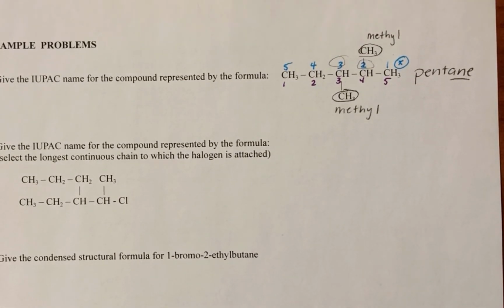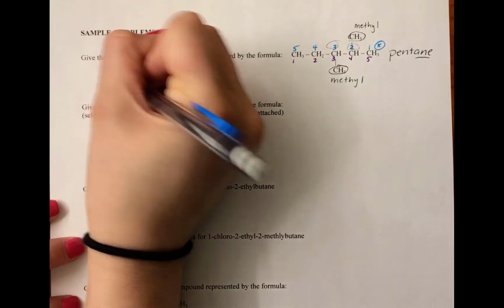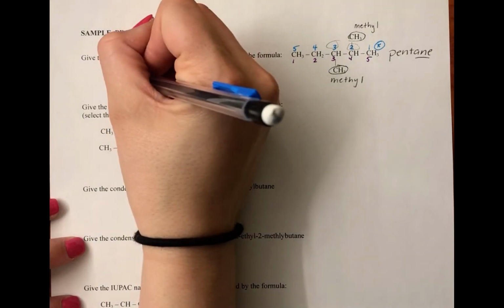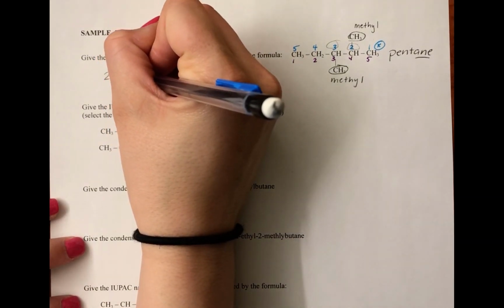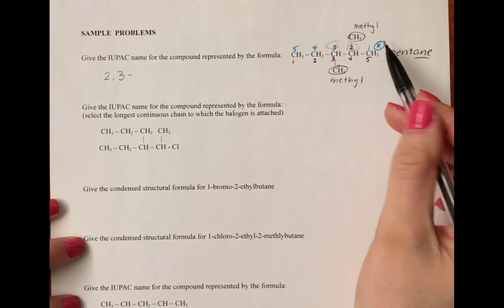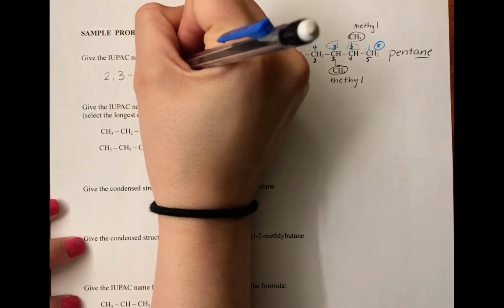If it's attached to the second and third carbons, those are the lowest numbers possible. So we start the name with 2,3. We're listing the numbers where the groups are, and then we put a dash. Because these are both methyl groups, we have 2 methyl groups, that would be dimethyl.